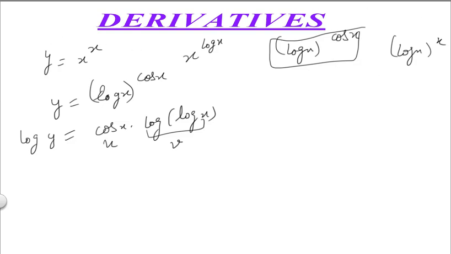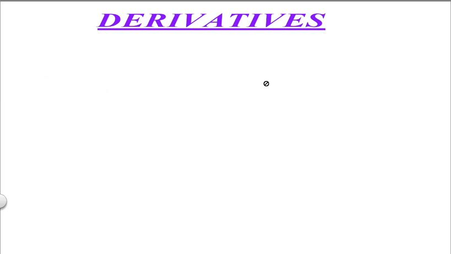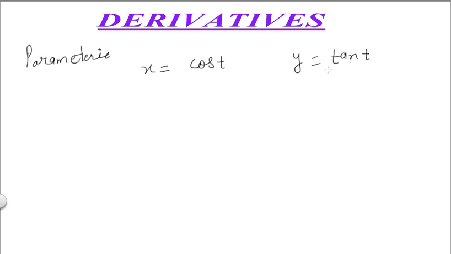Now comes parametric differentiation, in which x and y are not given directly in terms of each other. Instead, they are related through a parameter. Suppose I take the example, x is given as cos of t and y is given as tan t. You see, x is in terms of t, y is also in terms of t. So we will first get dx by dt.